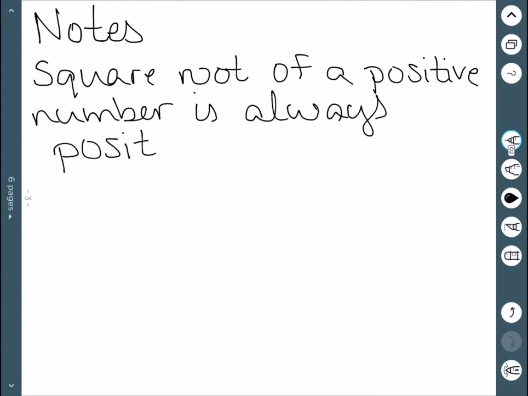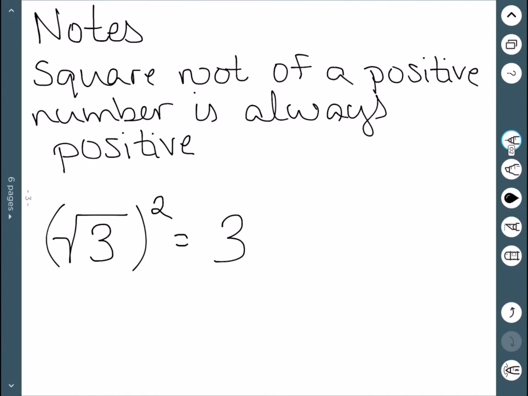Like we said a second ago, 3 times 3 is 9, but negative 3 times negative 3 is also 9. However, the square root of 9 is 3, not negative 3, since square roots are always positive. In addition, if we have a square root and we square it, we just get the number. They cancel each other out.